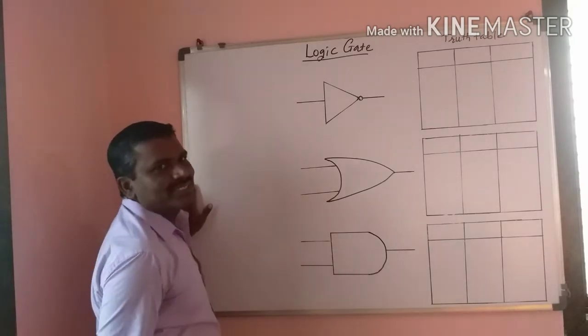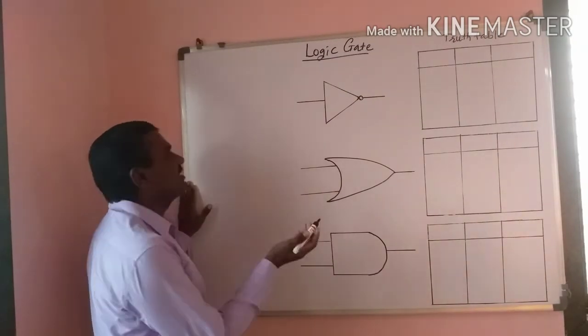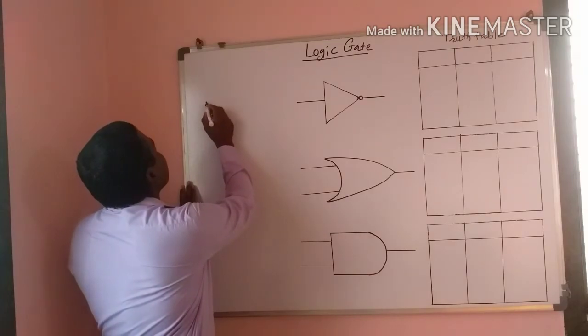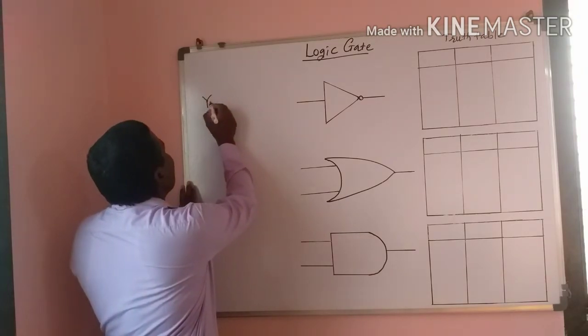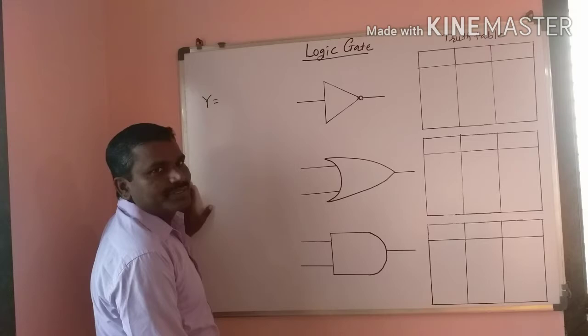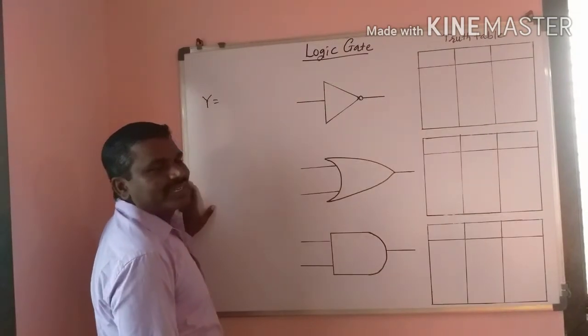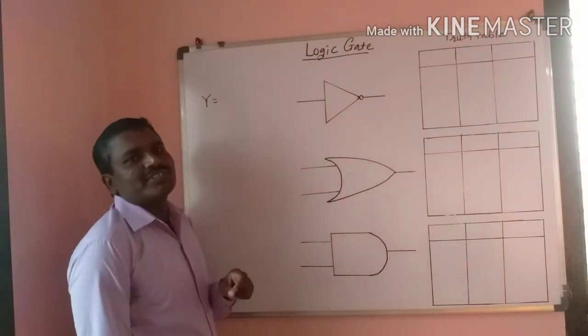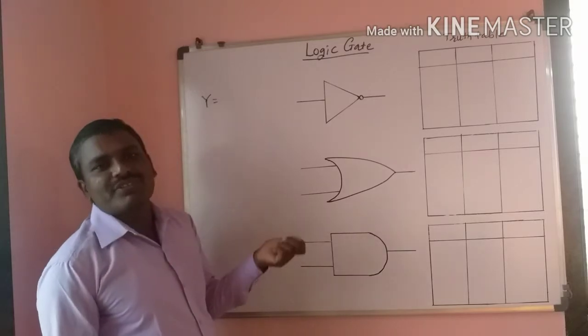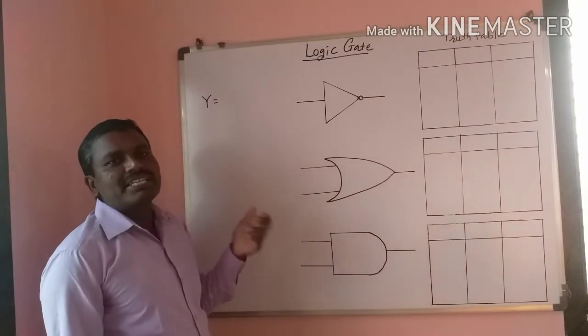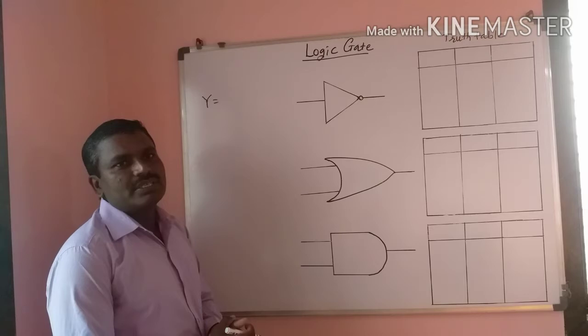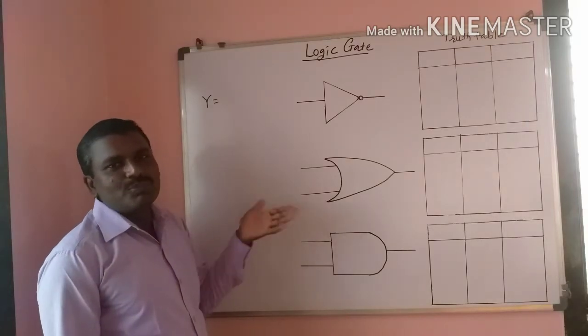If suppose the output is denoted by y, then it is a Boolean expression when we represent it in terms of a mathematical equation. There is a relation between the input and output signal.